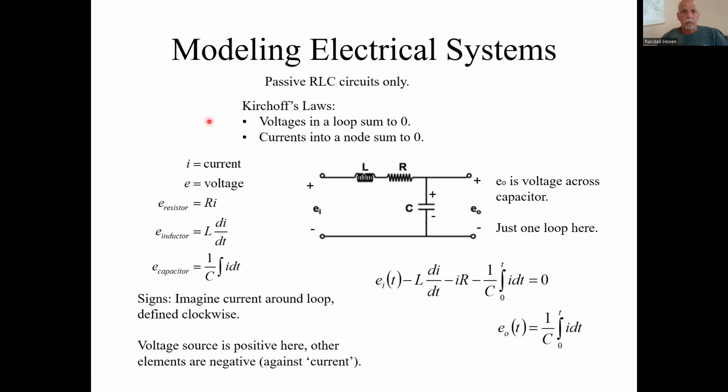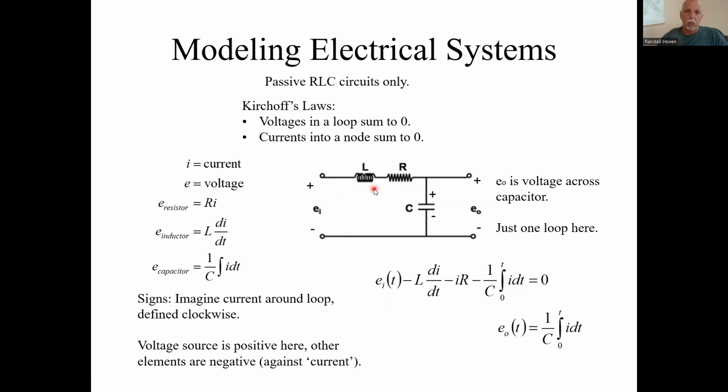So let's use Kirchhoff's voltage law. It says all the voltages in this loop must sum to zero. So this voltage, if I define this current clockwise, follows this plus. So this voltage is a plus.